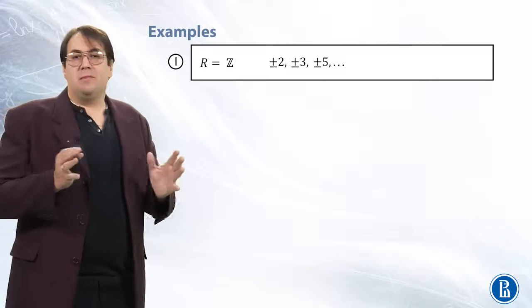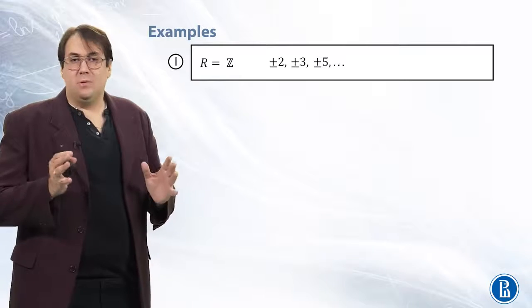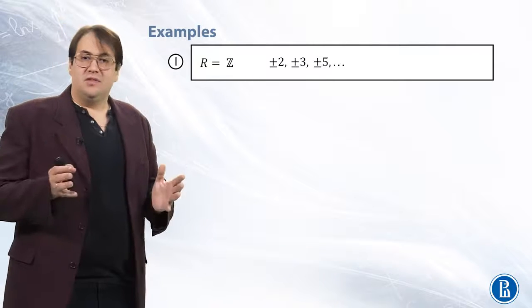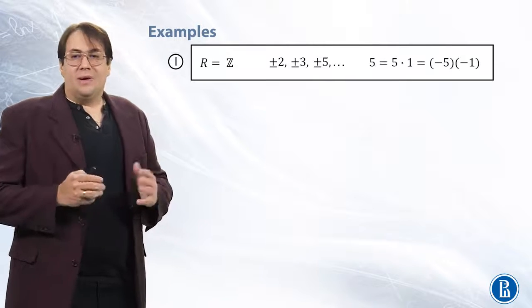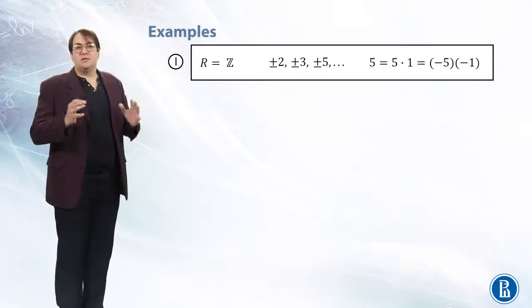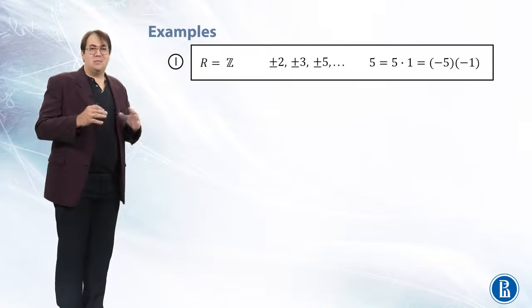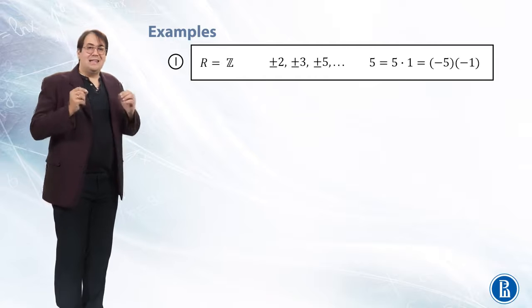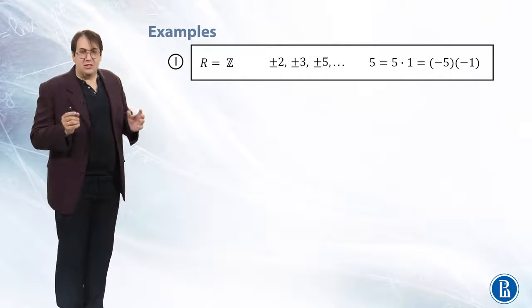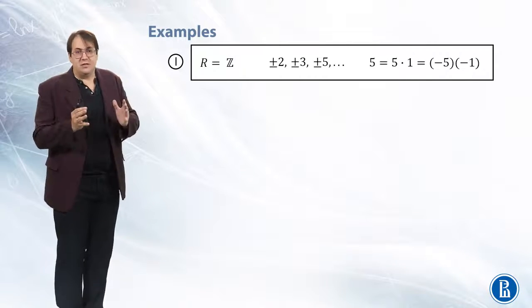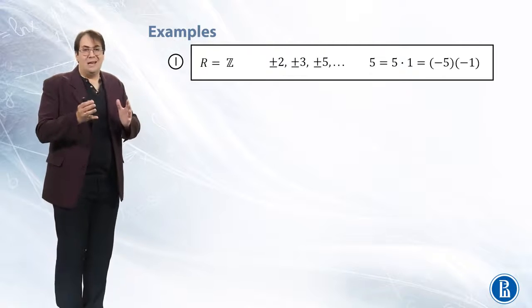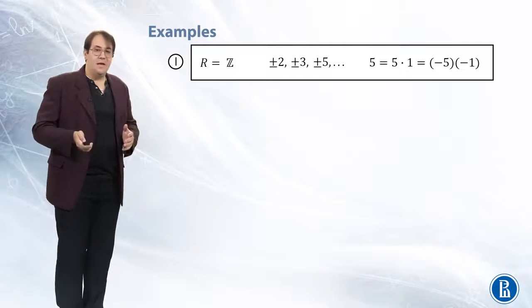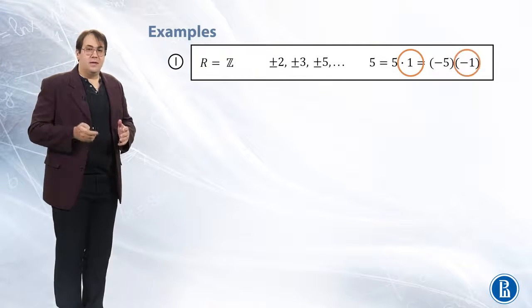Actually, these numbers act almost the same when it comes to divisibility theory. Well, there are several representations of these numbers as a product of two other numbers, and in each of these representations, one of the factors is equal to 1 or minus 1. And these factors are actually invertible.